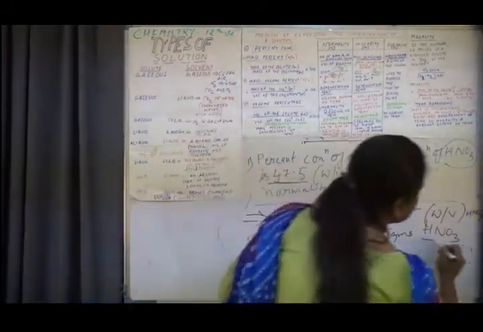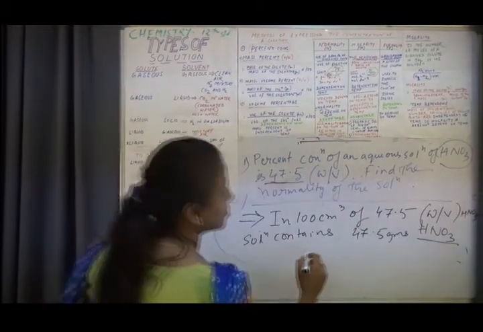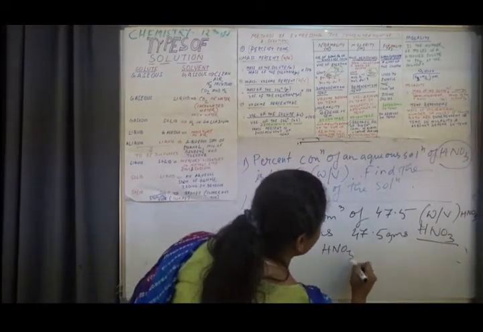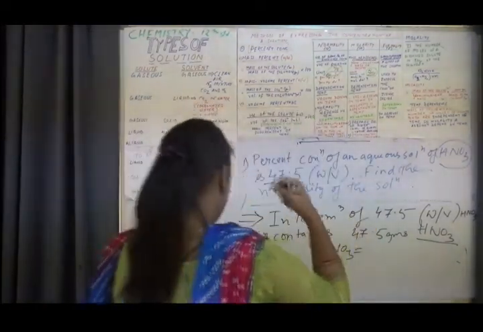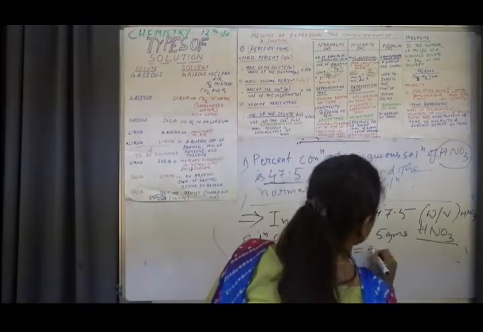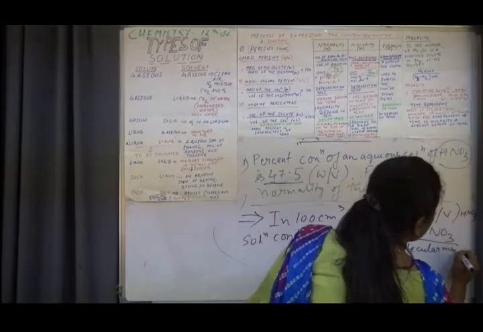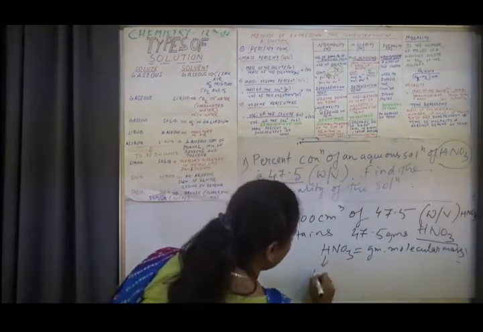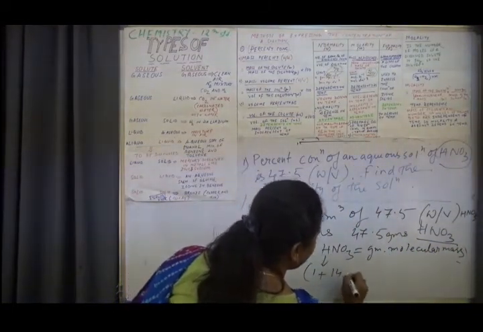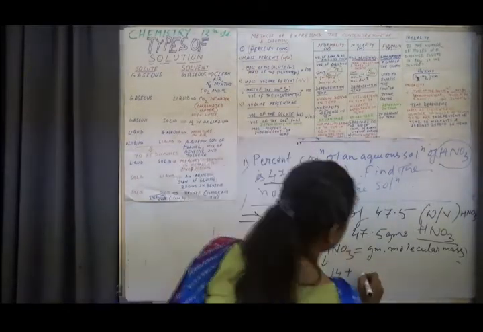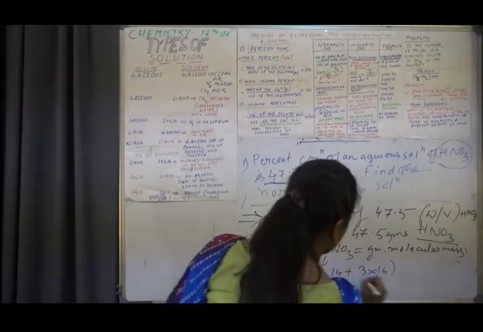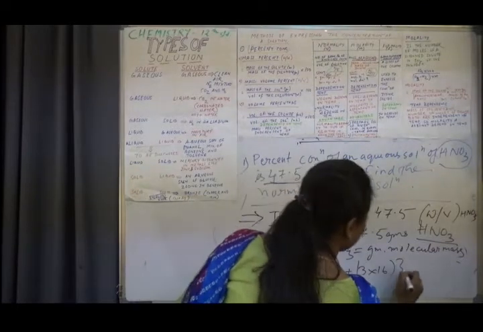We know that this is a monobasic acid. So what will be the gram molecular mass? The gram molecular mass will be hydrogen 1, nitrogen 14, then oxygen 3 into 16. So what will be coming?